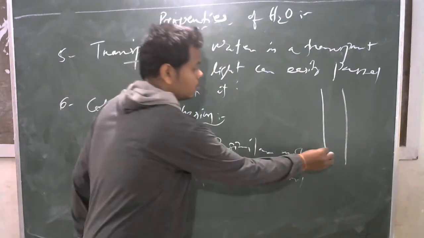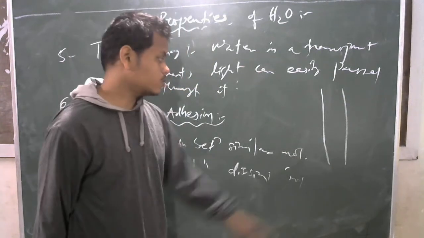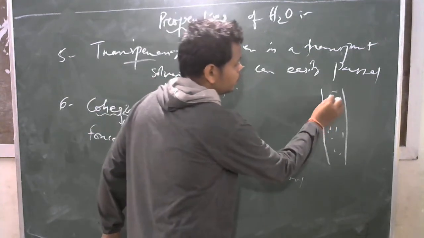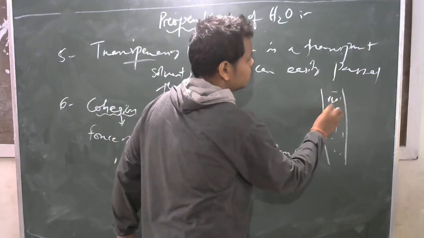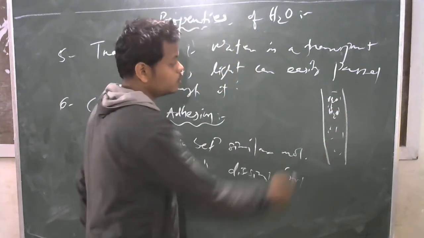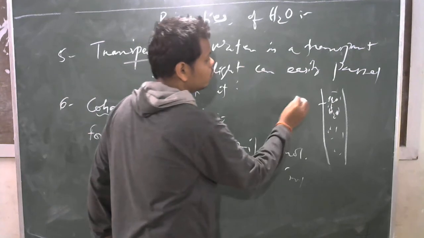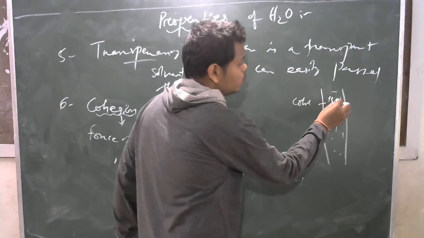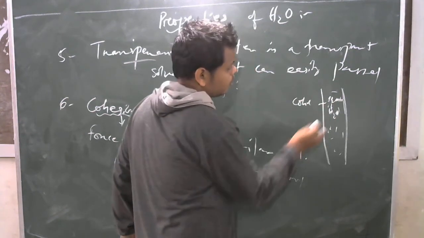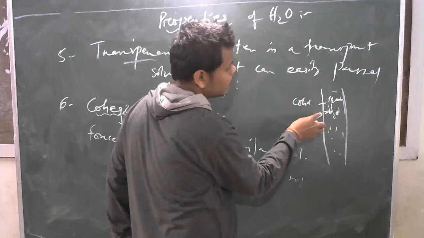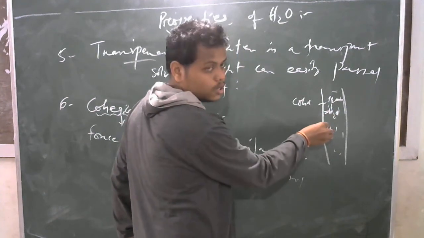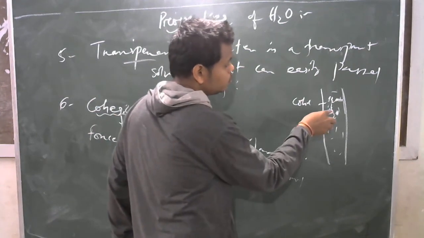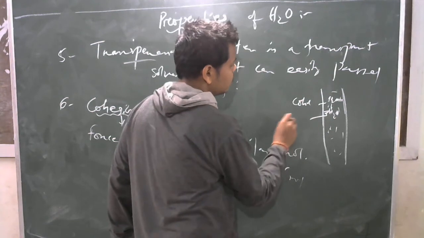Inside this pipe, the attraction force between one water molecule and another water molecule is called cohesion force, and the attraction force between a water molecule and the wall of the pipe is called adhesion force, because pipe molecules are dissimilar to water molecules.